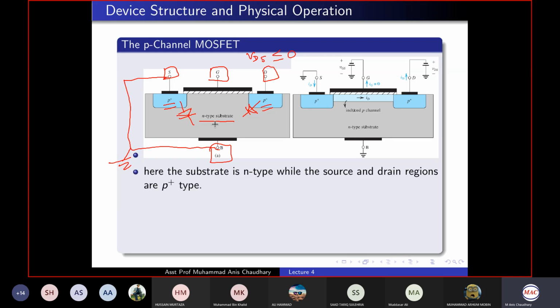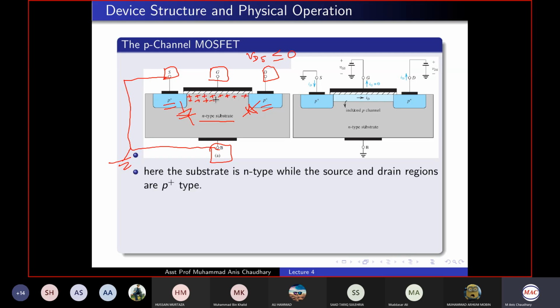तो आपने इलेक्ट्रॉन्स को रिपेल करना है और फिर VGS को और negative करना है until you attract some holes from these neighboring regions and accumulate them underneath the gate terminal to form a P channel.